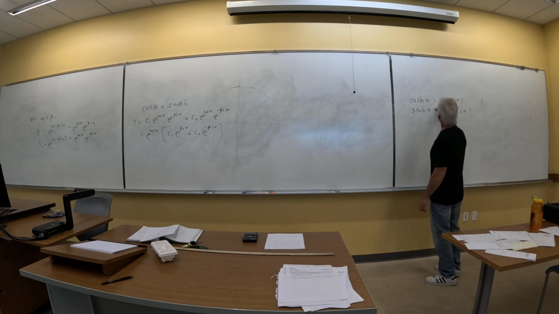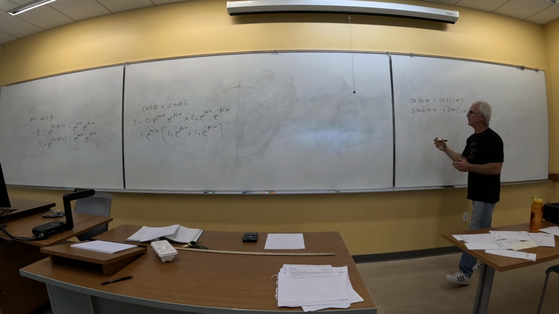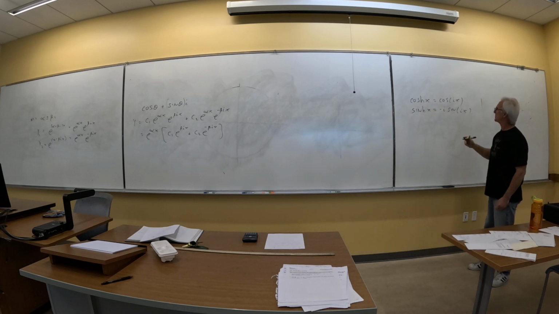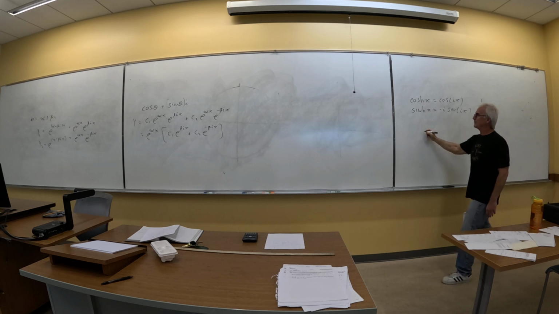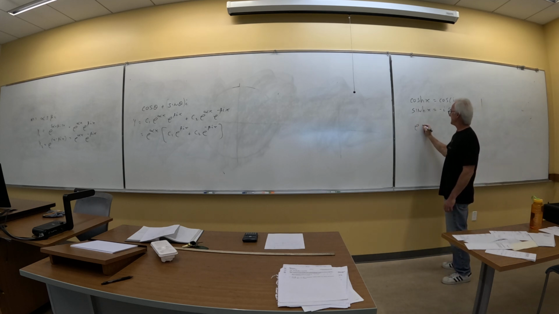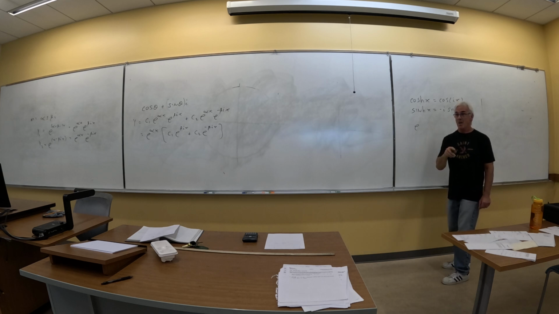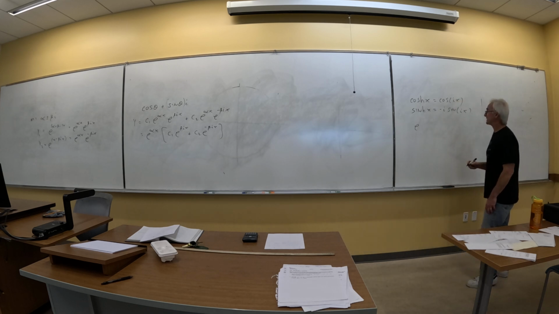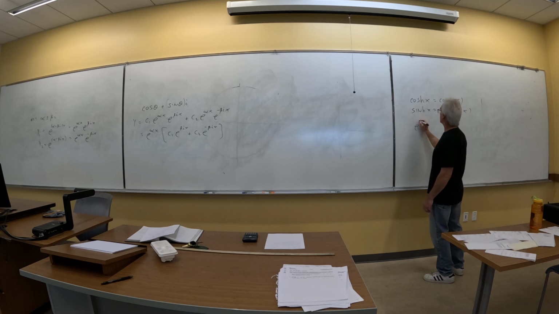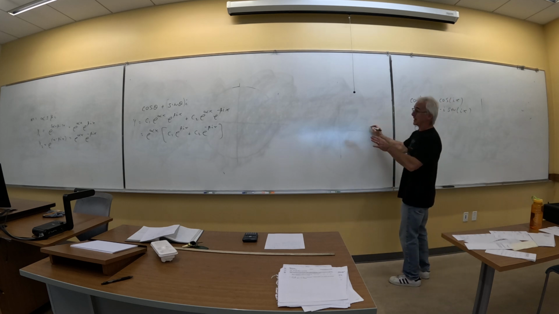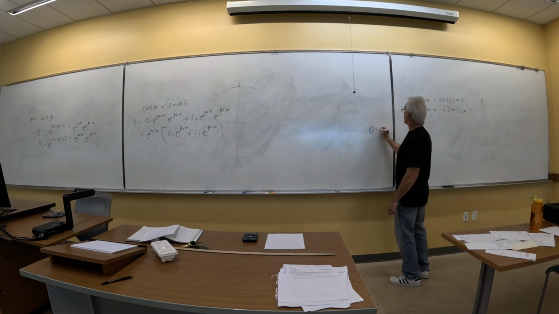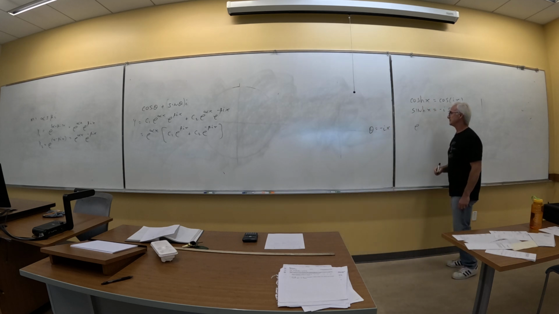Well, if I said to you, I want to manipulate this and do this stuff. Well, using Euler's formula, I know what e to the ix is, okay? But what if I make my angle itself, let's say e to the i theta, and let's make theta -ix.